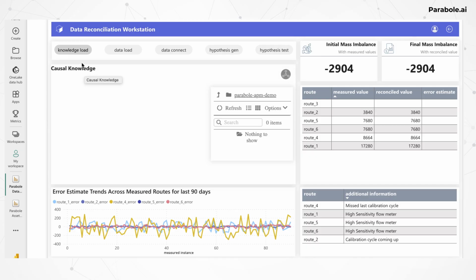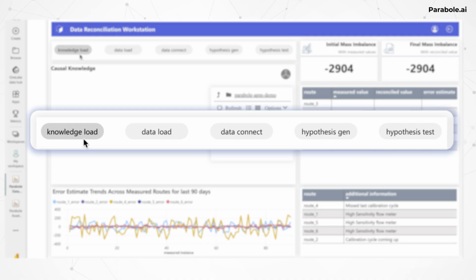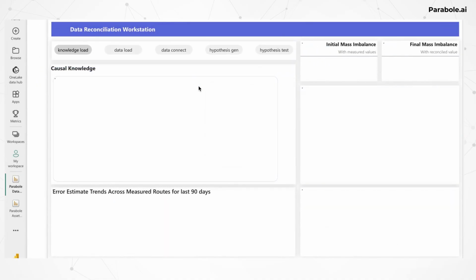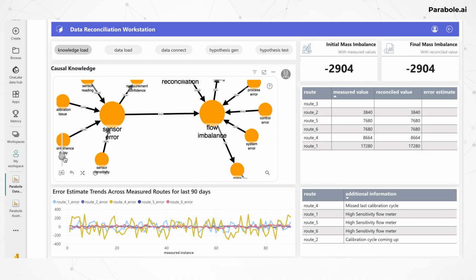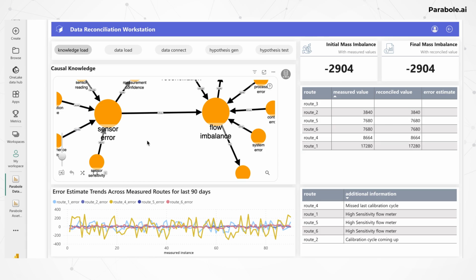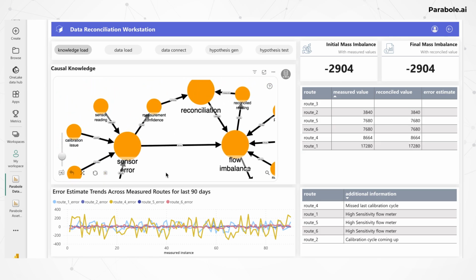Similar to a standard scientific experiment, my initial step is formulating hypotheses. I opened the step-by-step hypotheses generation and validation workflow. First, we load the causal model around the mass flow imbalance. We use Train's causal modeling capabilities to generate a causal model from the cumulative knowledge of the domain, process, and SME narratives.